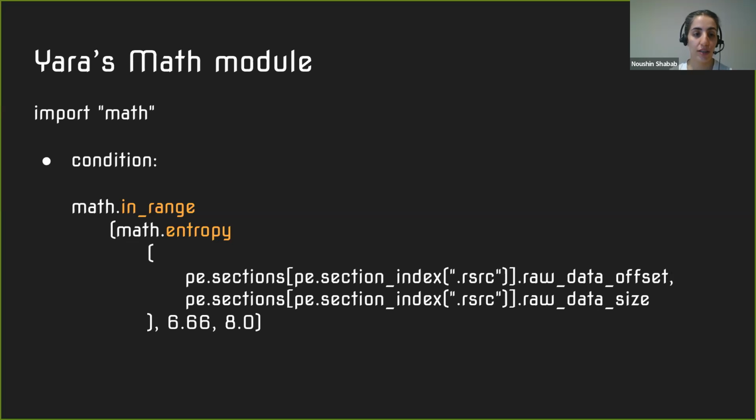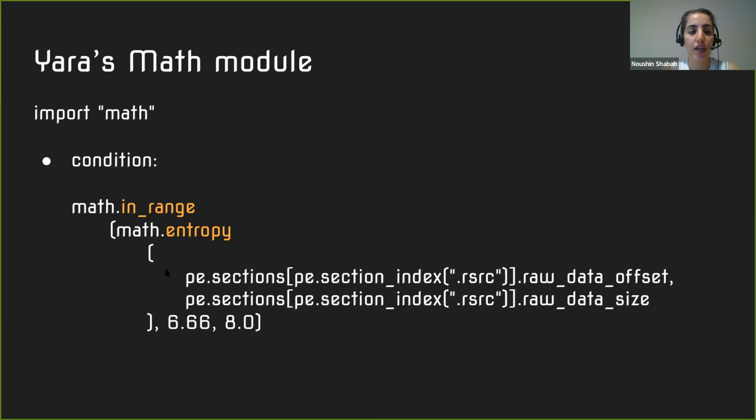So what you see here, two functions of the math module are used. The first one is math.in_range. in_range receives three parameters. The first one is the value that we want to check. The second one is the lower bound, and the third one is the upper bound of the range that we want to check if that value is in.